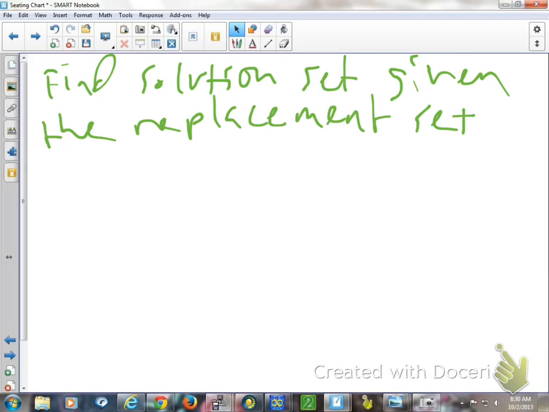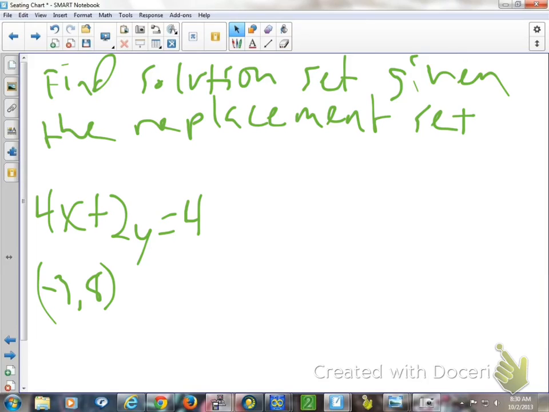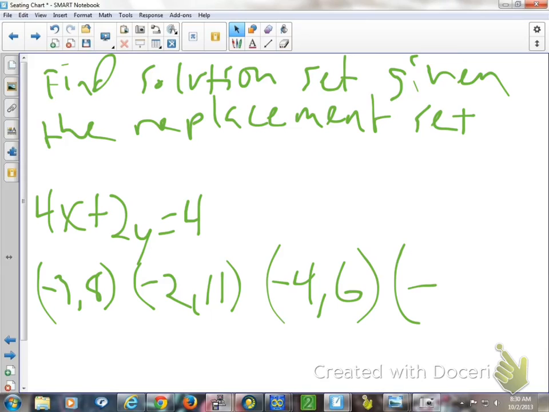It gave us this equation and then gave us these points. And we had to do this by plugging them into the equation and seeing which ones gave us a true statement. Yes, it does. I apologize for the bad handwriting. Now, technically speaking, you could just punch these in the calculator, but you would have to solve for y first, so you could punch it in as a function. But since I don't really feel like solving for y on this particular problem, we'll just plug them all in.